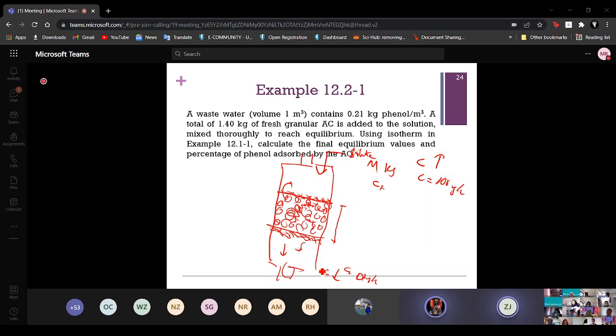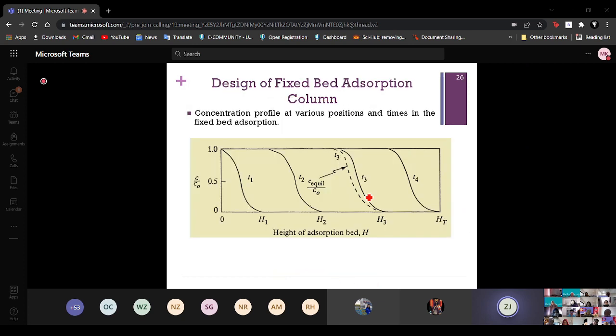Alright, so then your function now is to calculate this. This is what we call the total height, total height of this bed. How much you need. Alright, so to calculate this one, you need to know important parameters, what we call the mass transfer zone.